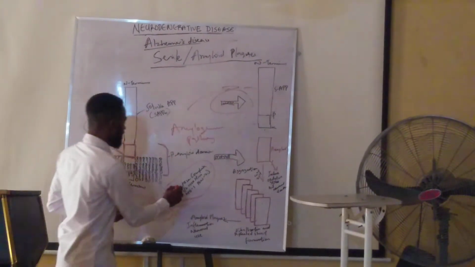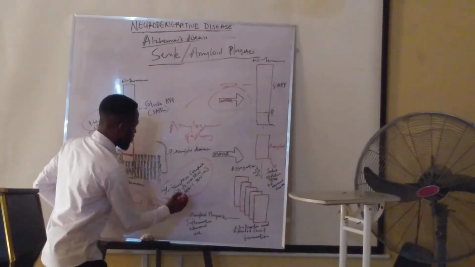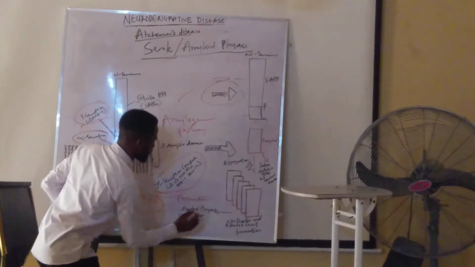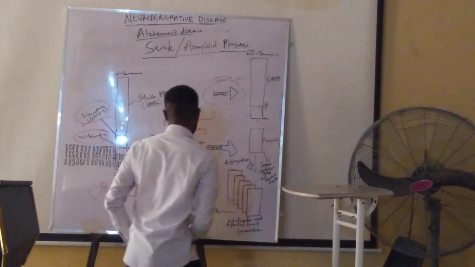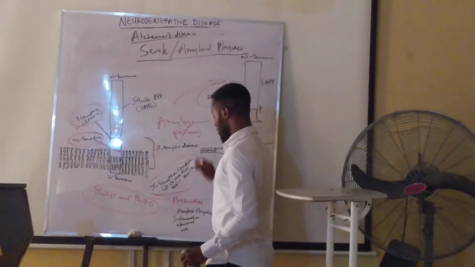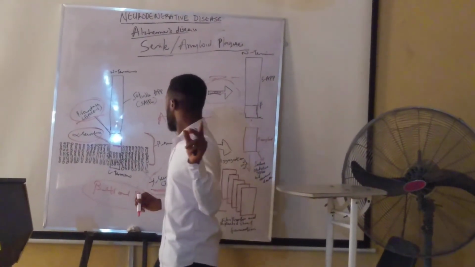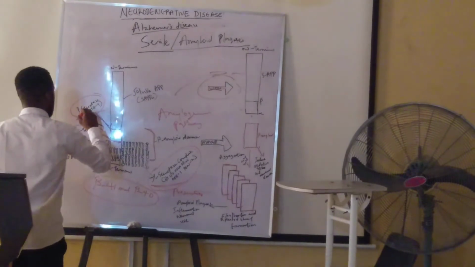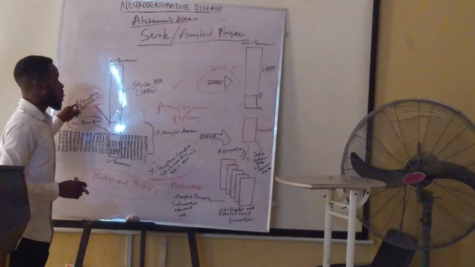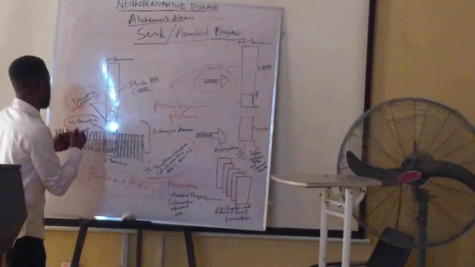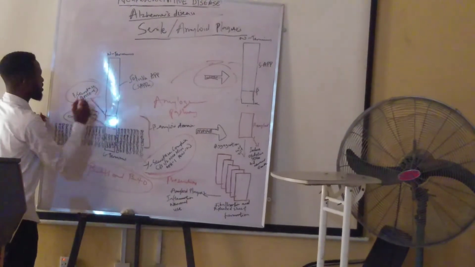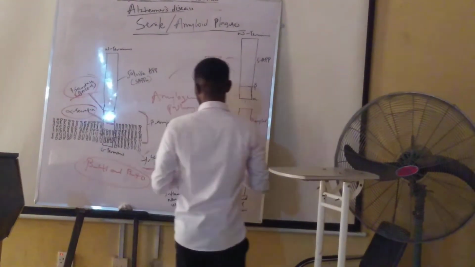This enzyme makes use of presenilin, a protein, the dominant gene. Also beta secretase uses a protein called BACE1.